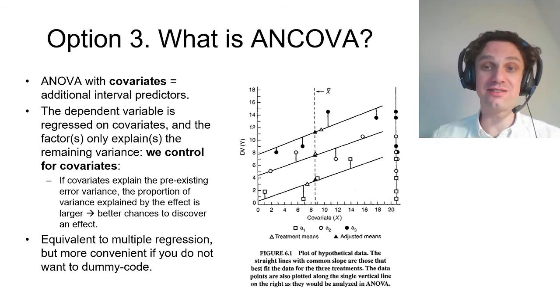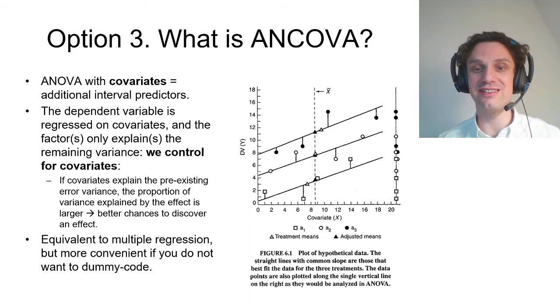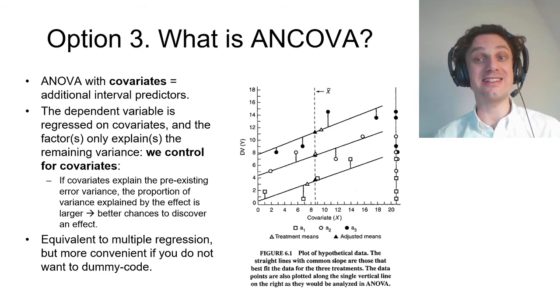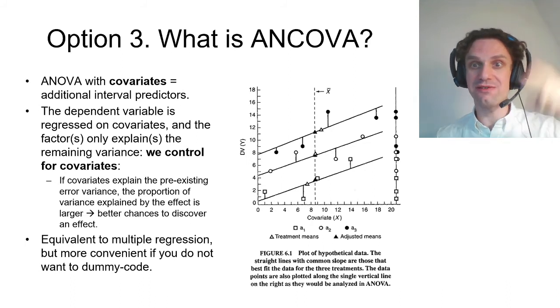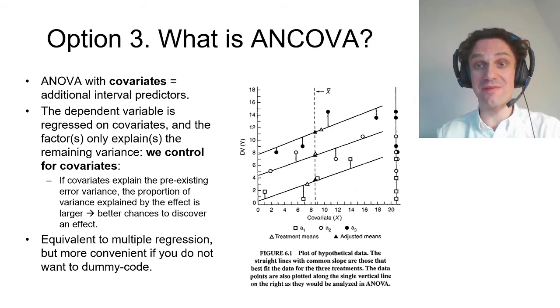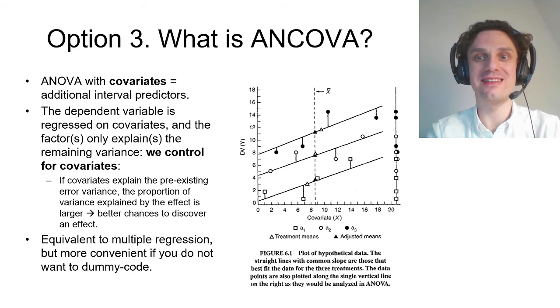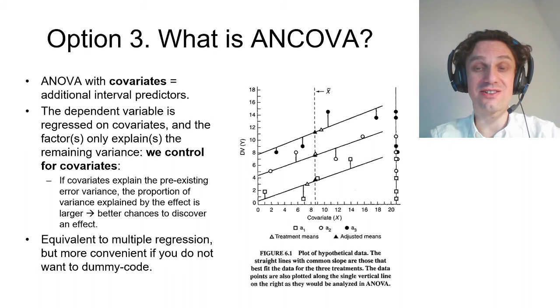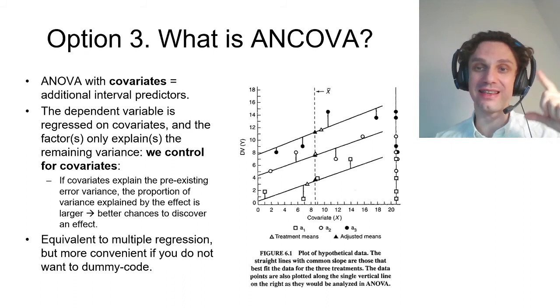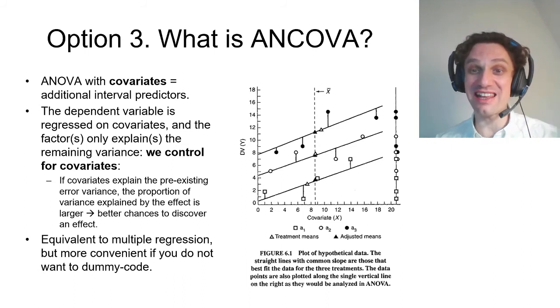You take out the variance associated with this interval predictor. And if this interval predictor explains some error variance, it explains some other sources of differences in the scores on your dependent variable, then your experimental effect is calculated as a proportion of remaining variance.